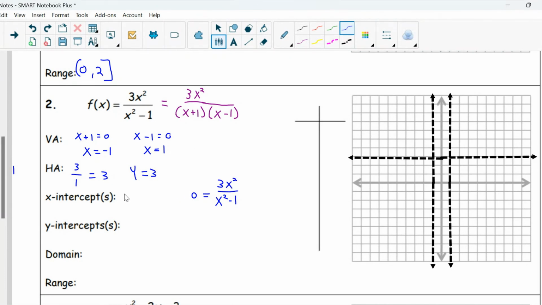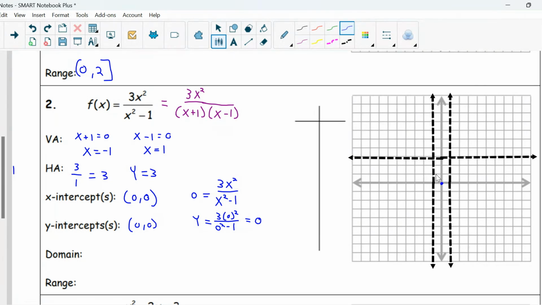So actually my x-intercept in this case is just 0, 0. My y-intercept, y equals 3 times 0 squared over 0 squared minus 1. Well, all of this is just going to equal 0 right away. So that's just going to give me y equals 0. So once again, my y-intercept is also 0, 0. So I know I'm going to have a point at the origin here.